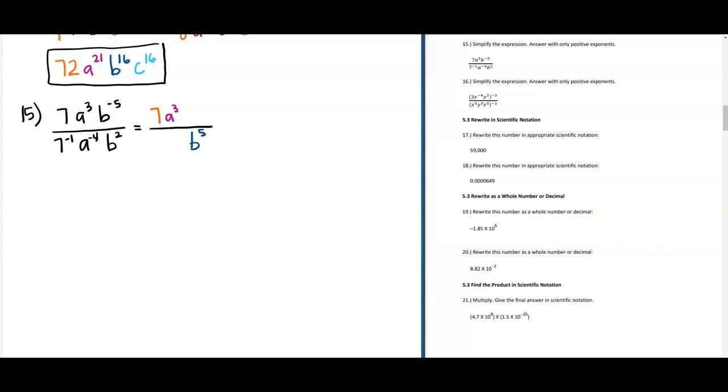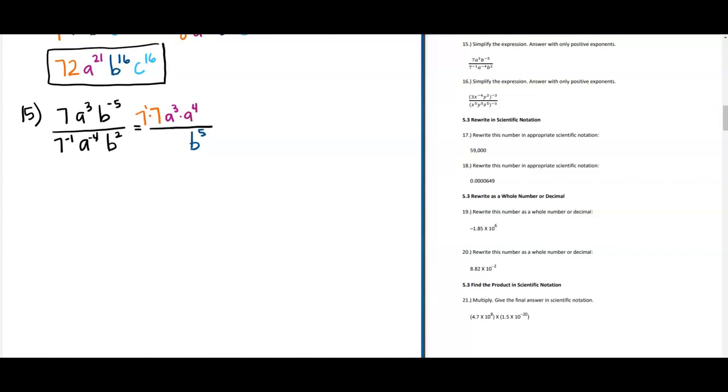And let's look at the bottom where these need to flip to. We've got 7 to the negative 1 power, not happy. Let's flip that one upstairs. So then you have 7 to the first power, right? Which is just 7. Then a to the negative 4th power is also going to flip upstairs, which will give us a to the 4th power.